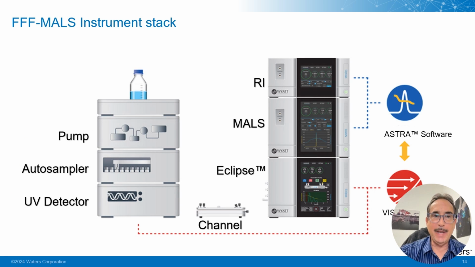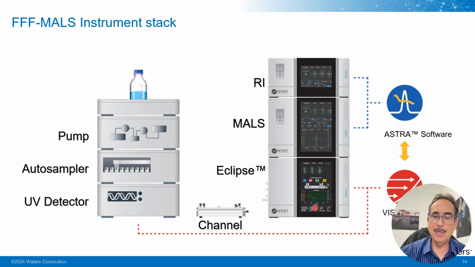So this is what an FFF module stack looks like. It uses an analytical chromatography system as the sample handler. So we have solvent reservoirs, pumps, degassers, autosamplers. Typically, we use the UV detector that's in a chromatography stack, although that's not strictly required.